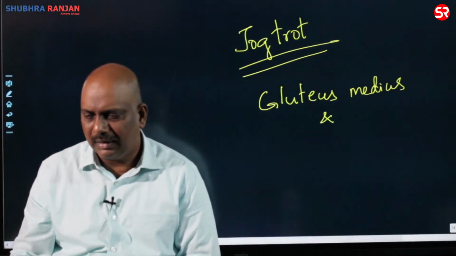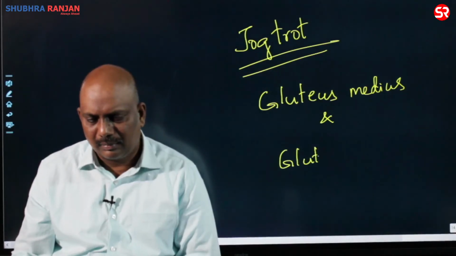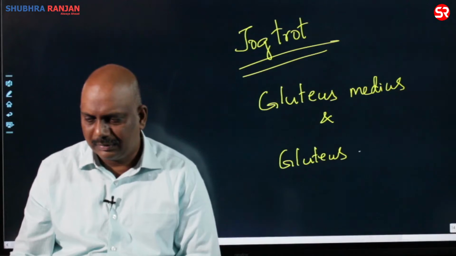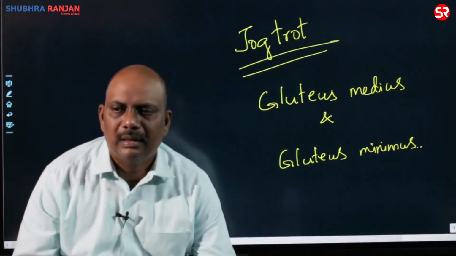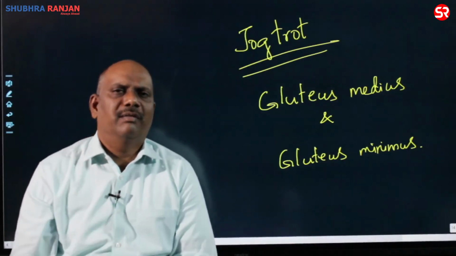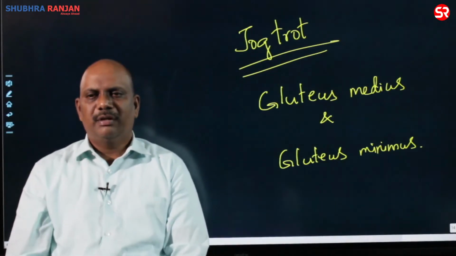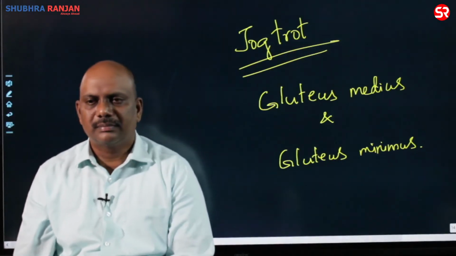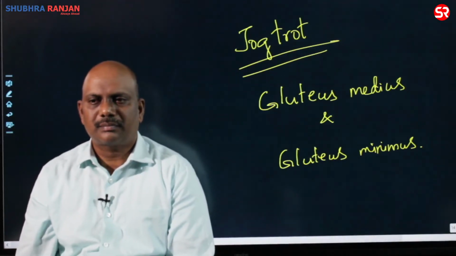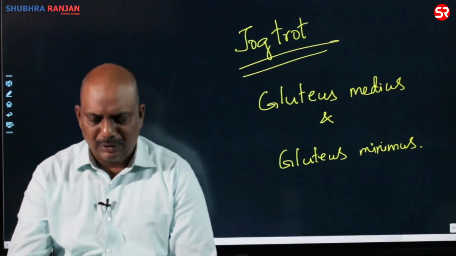Gluteus medius and gluteus minimus. So these are the two muscles which stabilize our pelvis when we are walking. These two muscles are totally absent for Australopithecus. I'll show you these muscles.